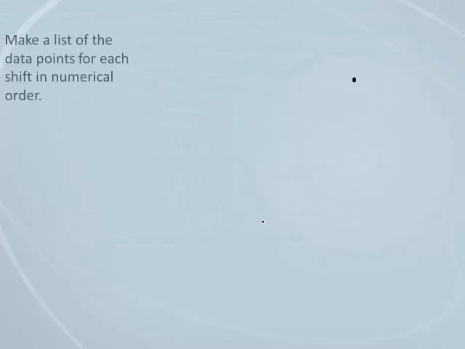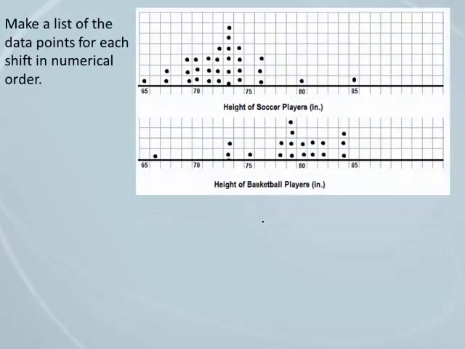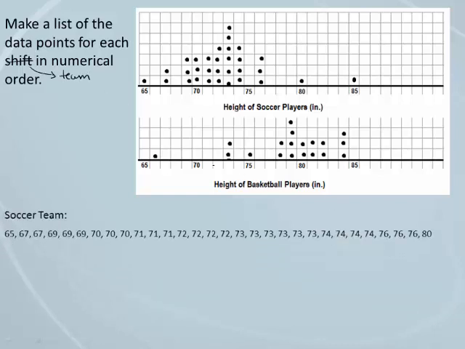So the first thing we want to do is make a list of the data points for each team, in numerical order. And I've already done that for the soccer team.